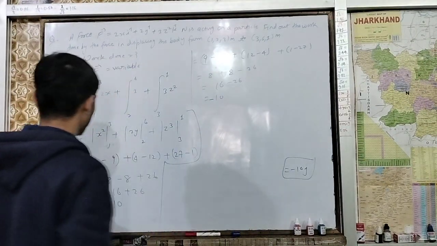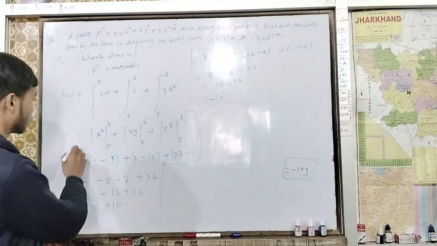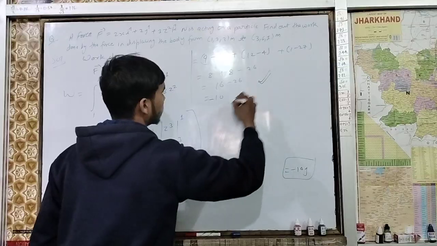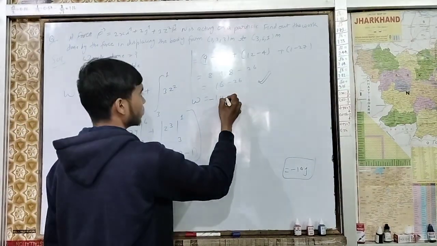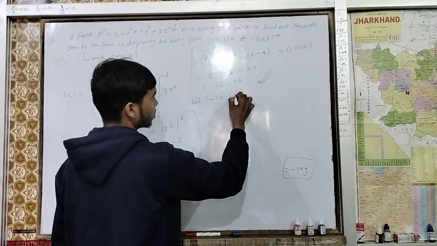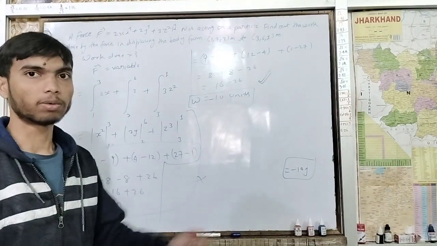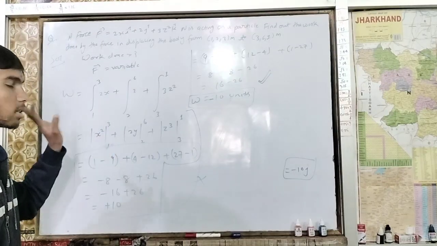So from upper to lower limit, this is your wrong method. This is your wrong method, and this is your correct method, so that the right answer will come. So this is our work done, which is minus 10 units. Final minus initial: final limits minus initial limits.